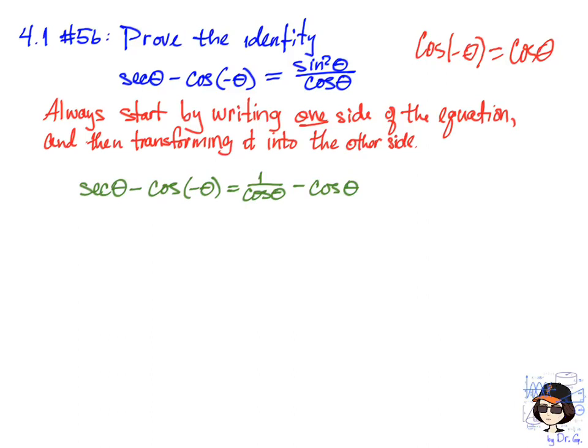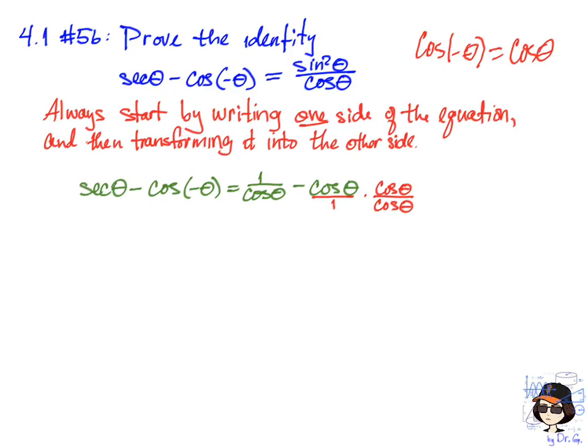So the next thing I'm going to do is get a least common denominator so I can combine these two things. So I need a cosine theta in the denominator of the second term. So I'm going to multiply the bottom and the top by the cosine of theta.